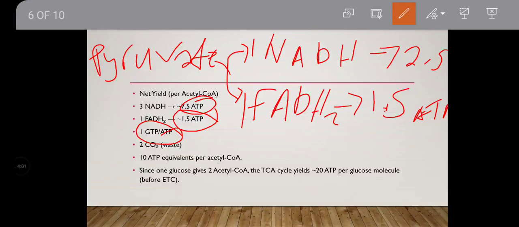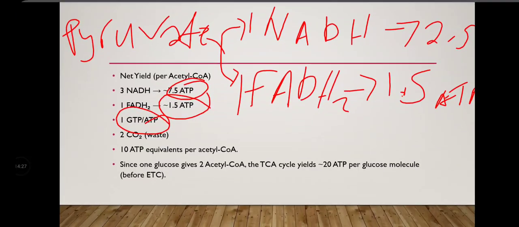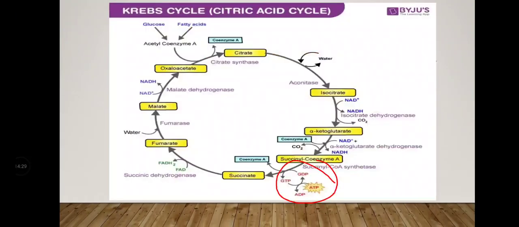That is before these enter the electron transport chain, and before you combine everything from the electron transport chain and also those coming from glycolysis. So this is the energy yield from the tricarboxylic acid cycle.